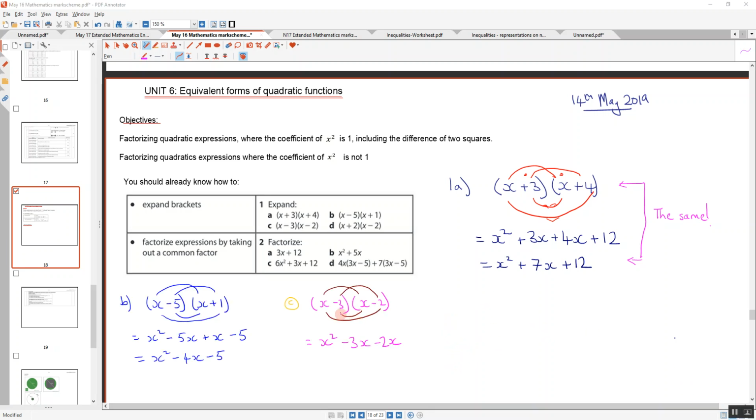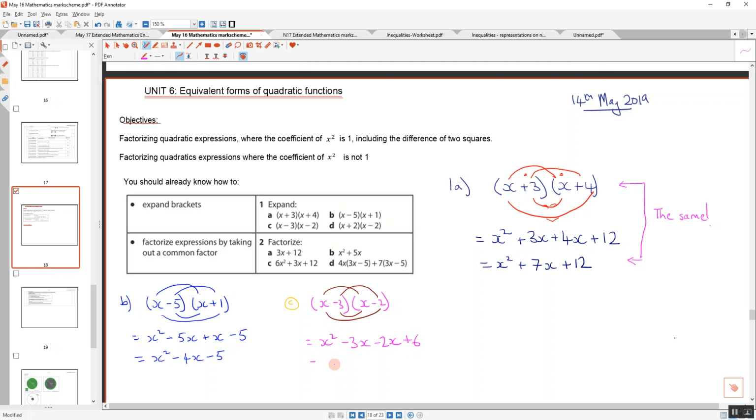Okay, for question 1C, we've got our two brackets multiplied by each other. I've put the lines in to ensure I don't make any silly mistakes. I've got negative 3 times x, which is negative 3x, x times negative 2, which is negative 2x. Negative 3 times negative 2 is? Negative times negative is positive 6. You need to be aware of that, okay?